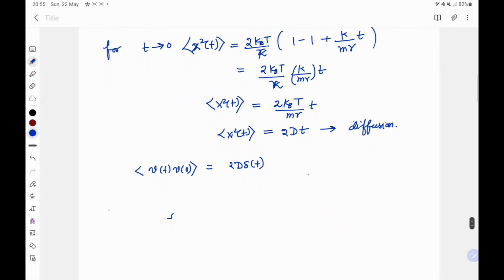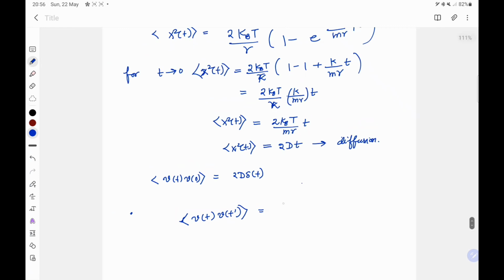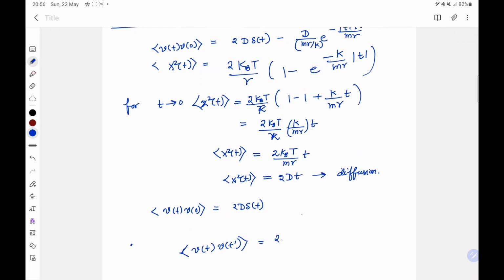If you remember, for the case of no potential, a free Brownian particle, we obtained the relation 2 kB T over m to the power minus gamma modulus of t minus t prime.